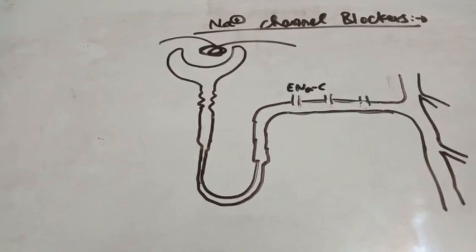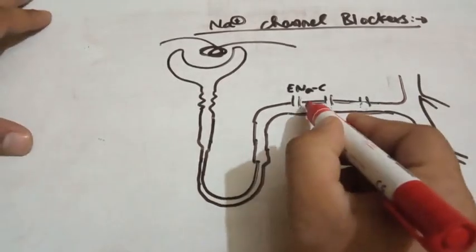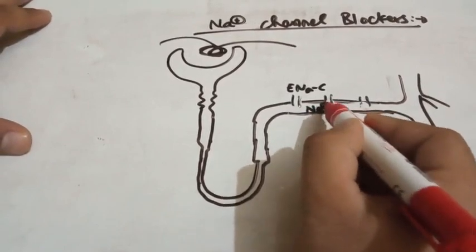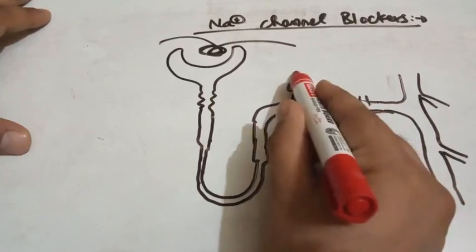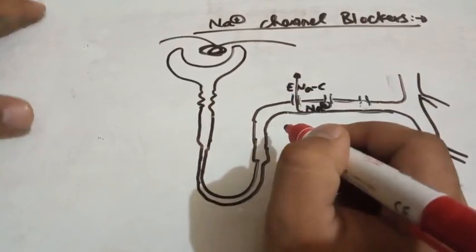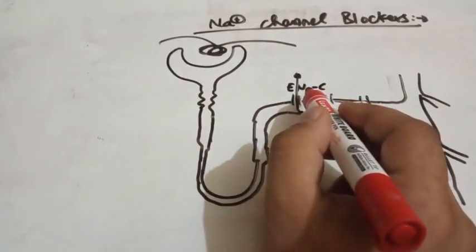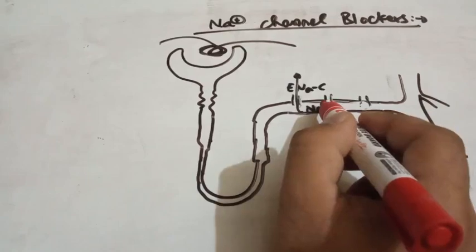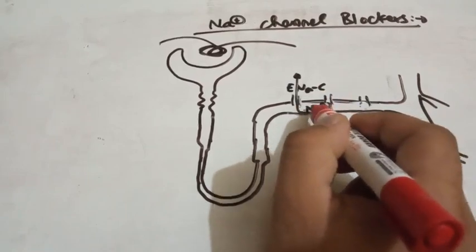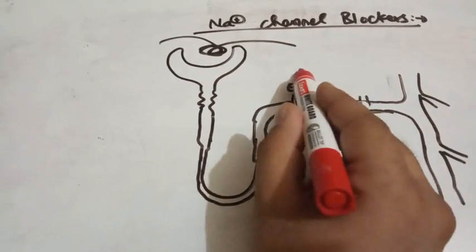The function of these epithelial sodium channels is to cause the transfer of sodium ions from the lumen of DCT into interstitial fluid.